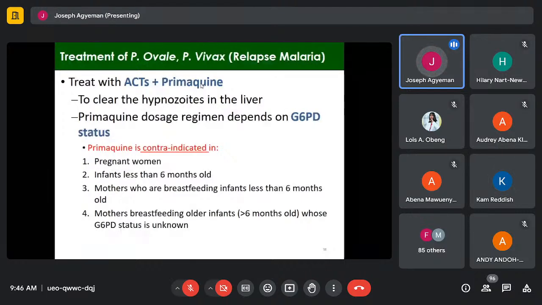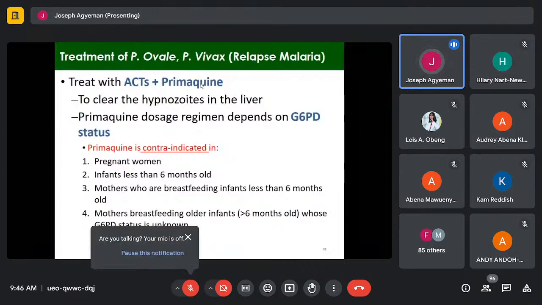Okay. So everybody should please go back and look at the 11 or 12 classes.